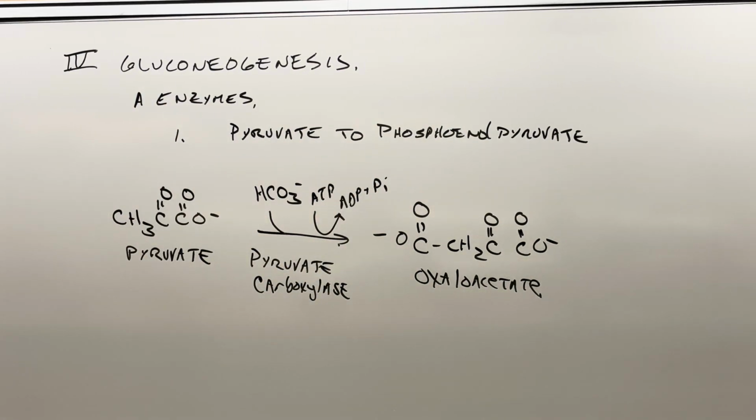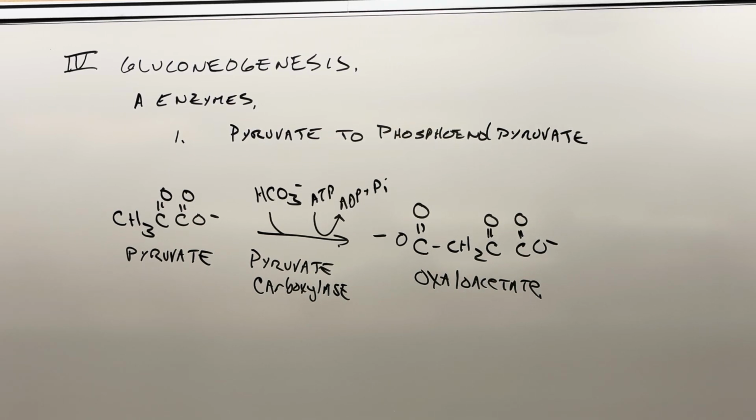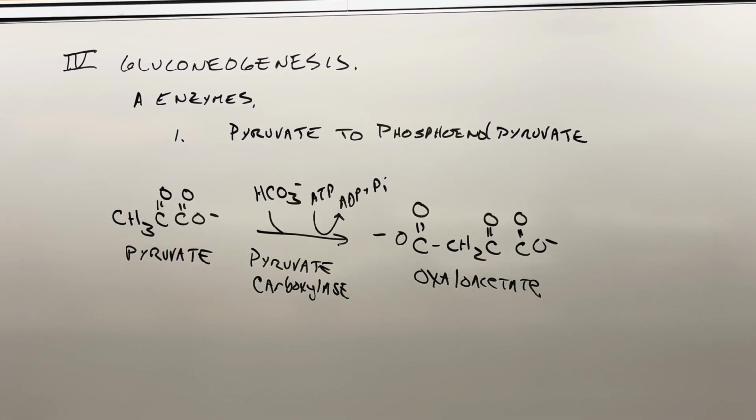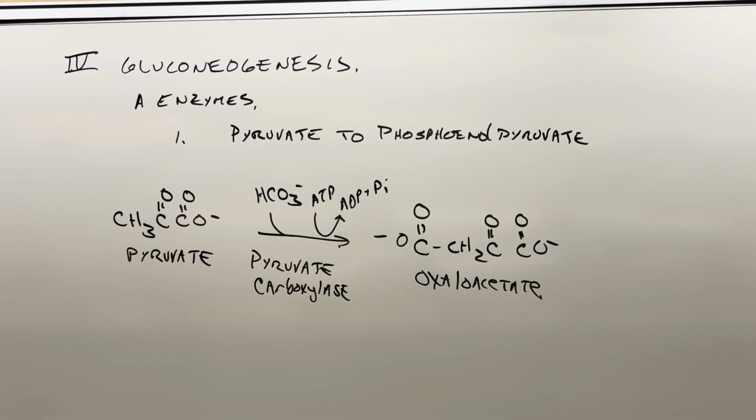This usually happens in the mitochondria, and there is a whole system for moving the oxaloacetate out from the mitochondria into the cytosol.